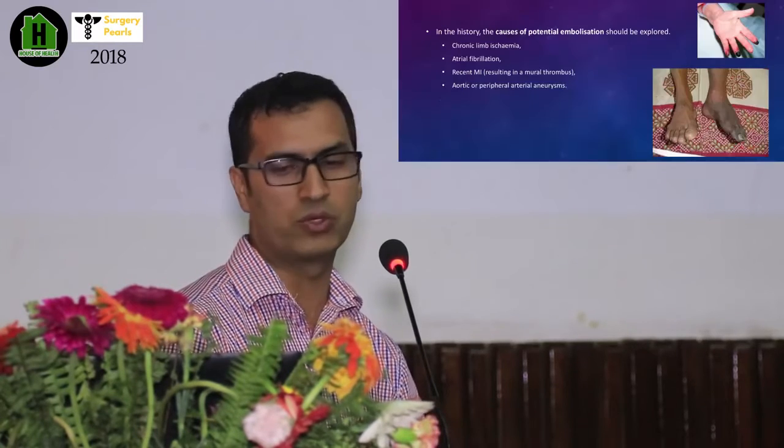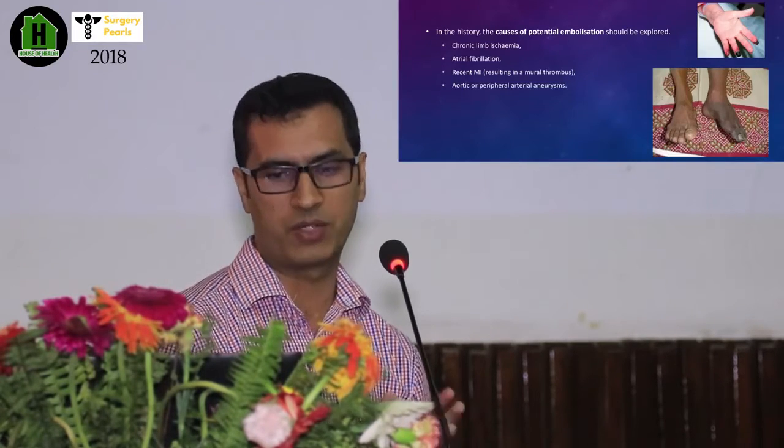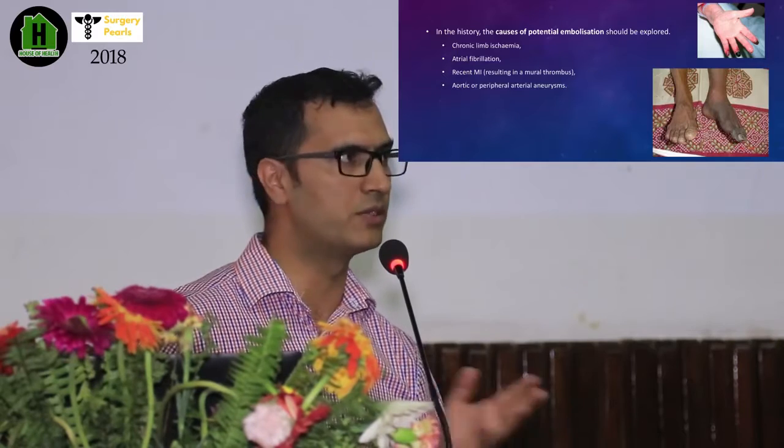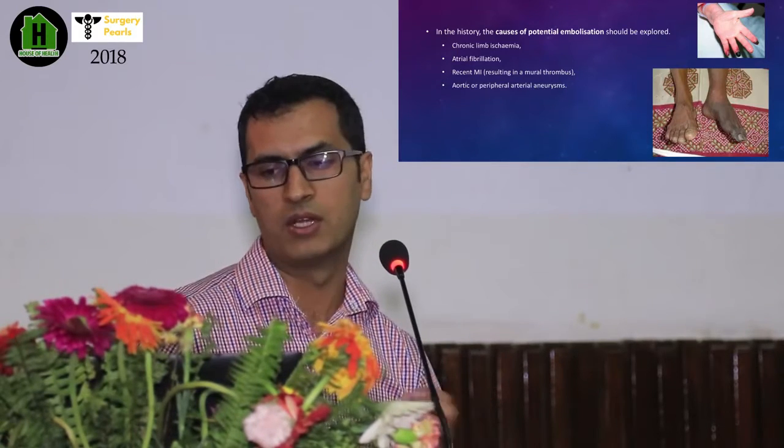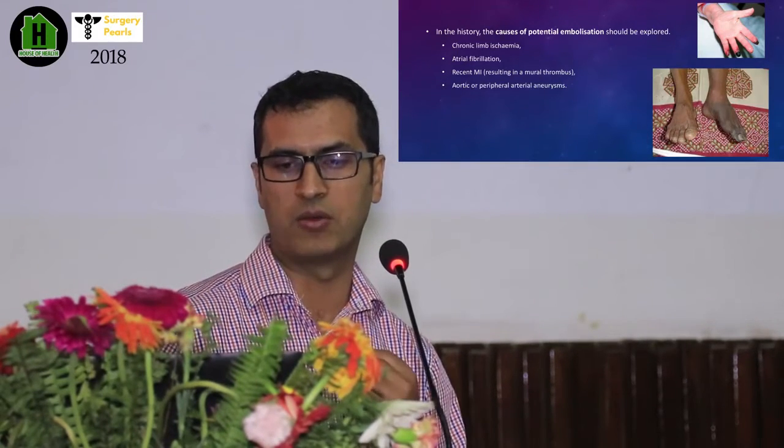And there are further embolic phenomena, where we can think of atrial fibrillation. The heart is the prominent site for thromboembolic phenomena, and recent MI with mural thrombus, aortic and peripheral arterial aneurysms are sites which can again have thrombus, and these can embolize.